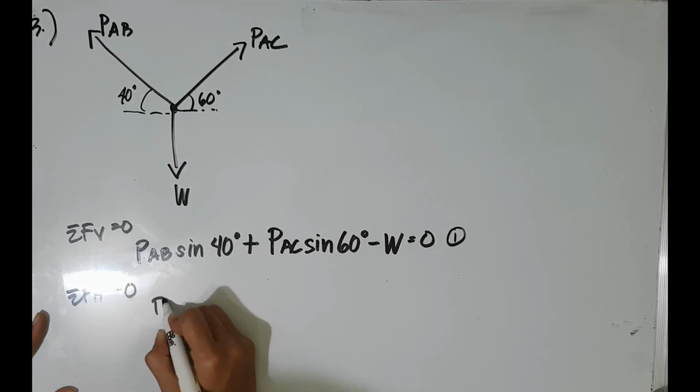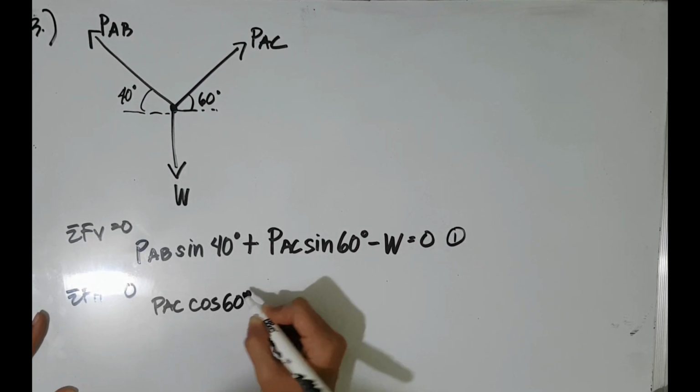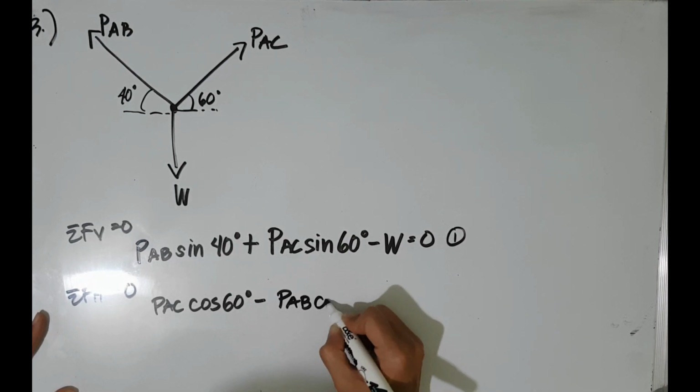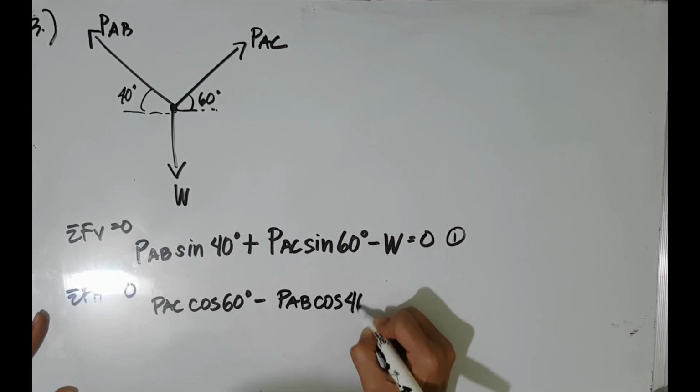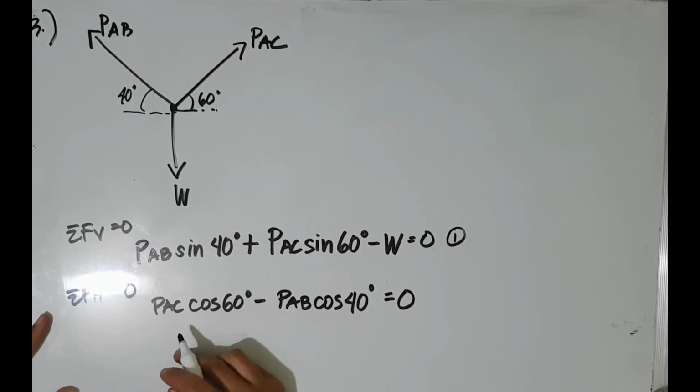Next is to determine forces horizontal equal to 0, right direction positive. So force AC cosine 60 minus force AB cosine 40 is equal to 0.